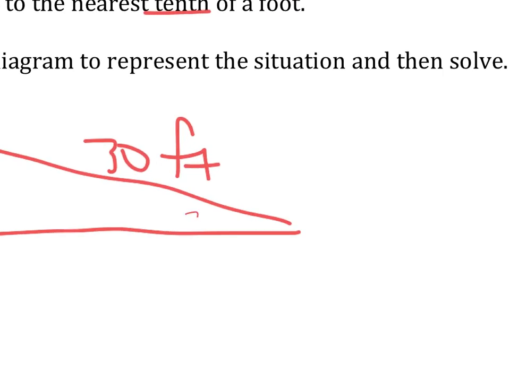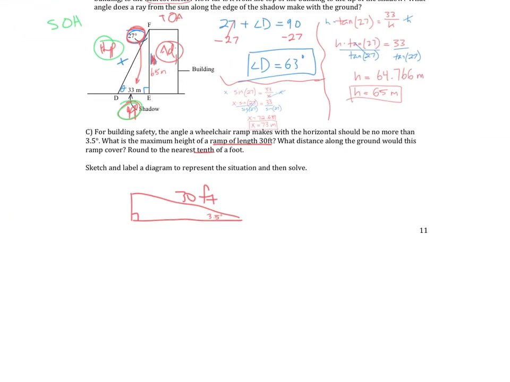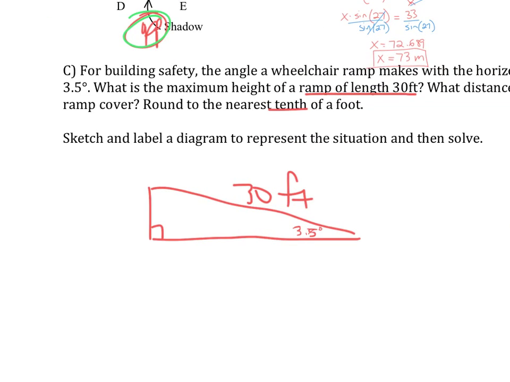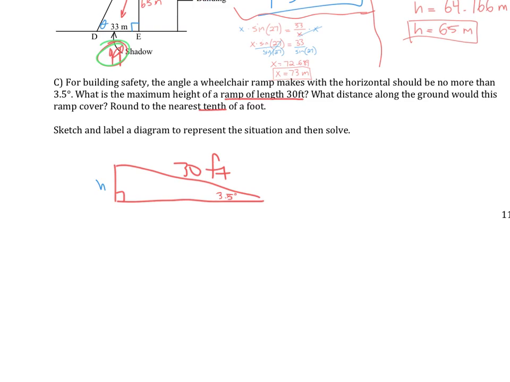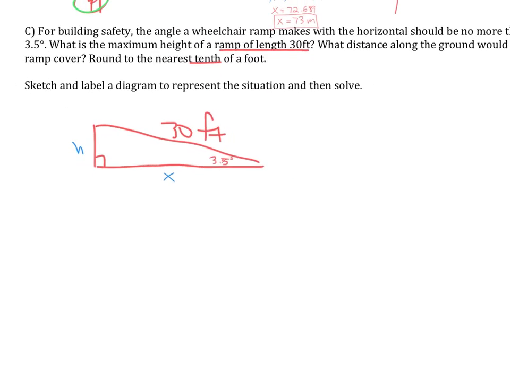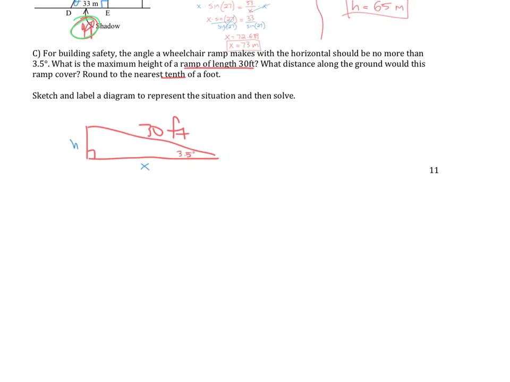So that's going to be this angle down here, 3.5 degrees. And so the maximum height of the ramp is ultimately going to be this side to the left. And then what distance along the ground will ultimately be this side x down on the bottom. Okay, the ground is at the bottom.